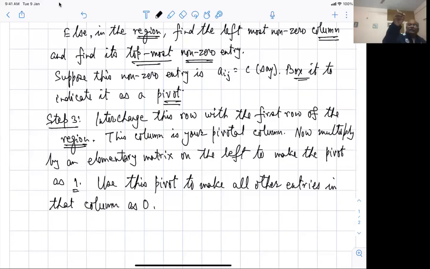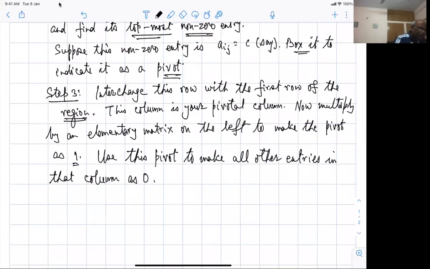I have got a pivot, I put it at the top of the region. Once it is there, I divide by C to get it as 1. Once I have 1, everything else below and above can be made 0, but we are looking at only the region here for the time being. We'll do that afterwards. But here, you can make every other entry 0; you don't have to worry about the region. So I've written: use this pivot to make all other entries in that column 0, and the word region is not being used.